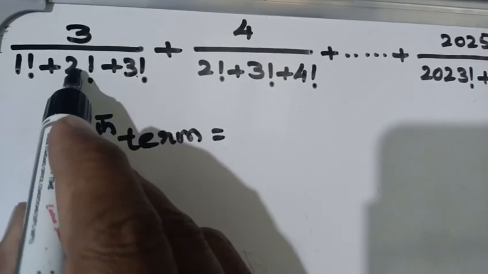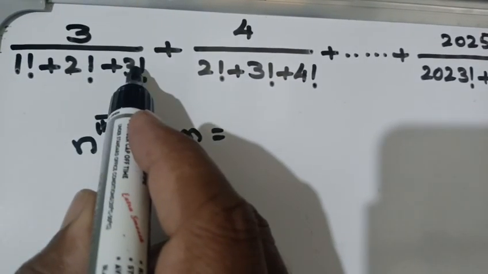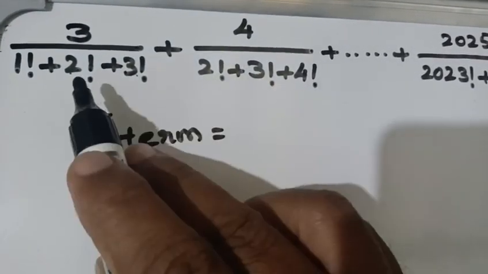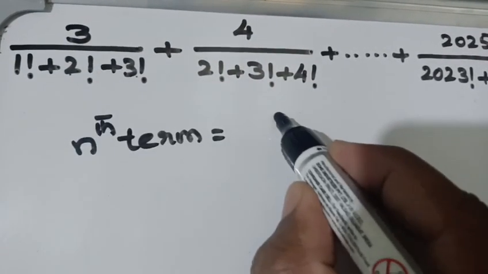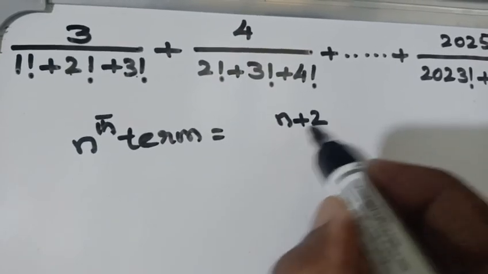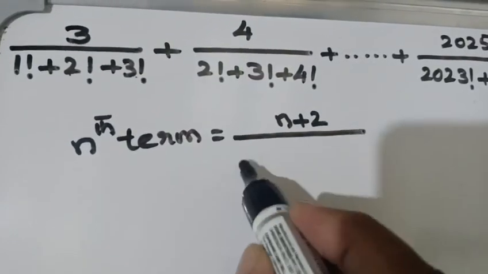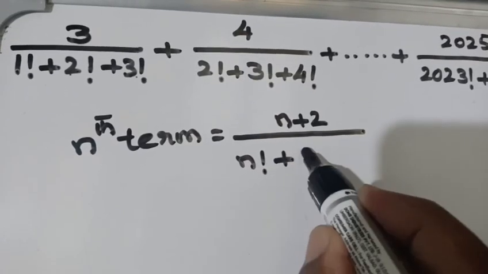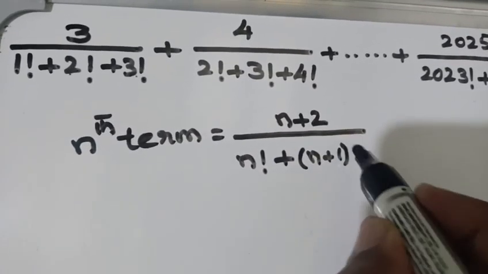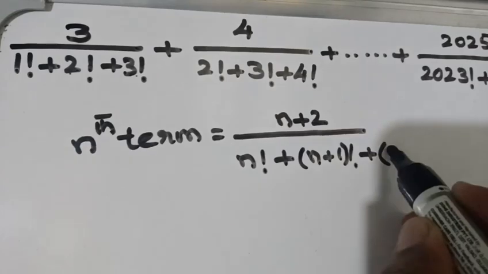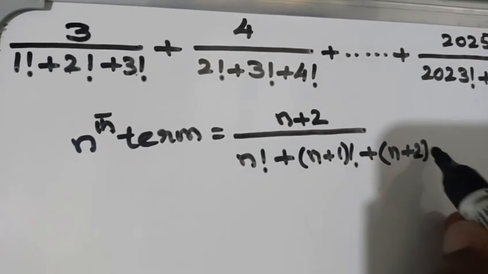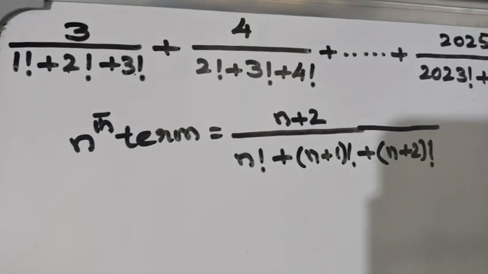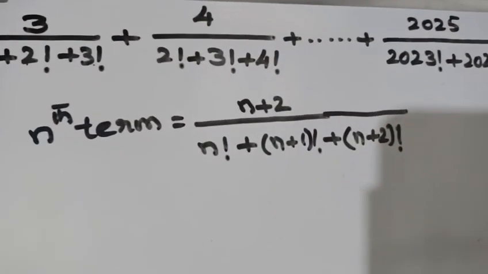So n factorial plus n plus 1 factorial plus n plus 2 factorial, and in the numerator it is n plus 2, divided by n factorial plus n plus 1 factorial plus n plus 2 factorial. This is actually given in terms of factorial.